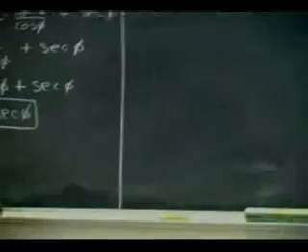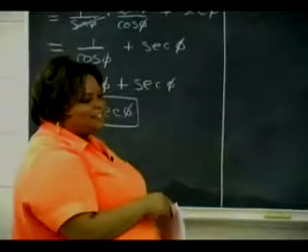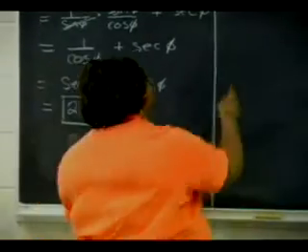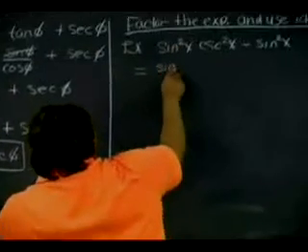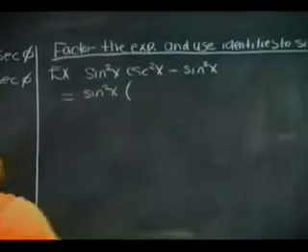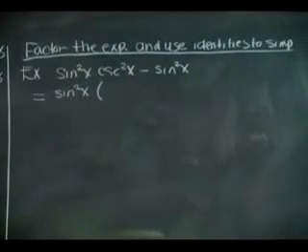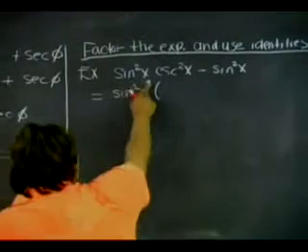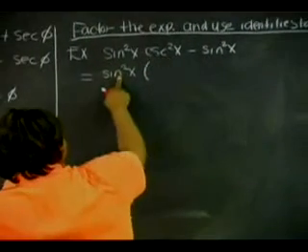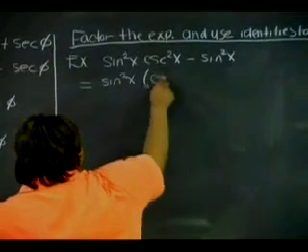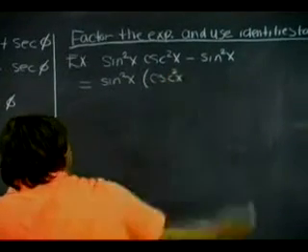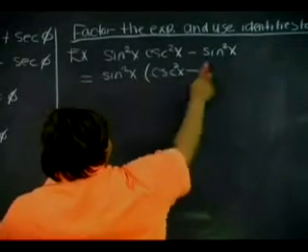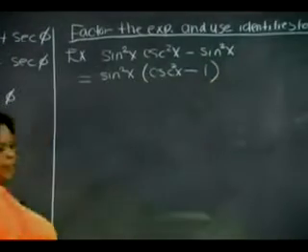How can I factor this? I can bring out a greatest common factor of what? Sine squared x. When I bring that out, I need to divide. Sine squared x times cosecant squared x divided by sine squared x leaves cosecant squared x. Sine squared x divided by sine squared x leaves 1.